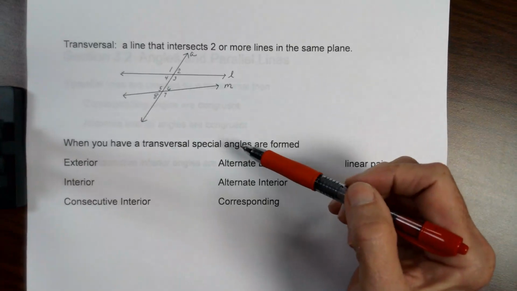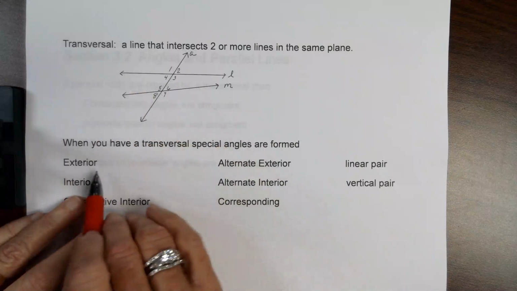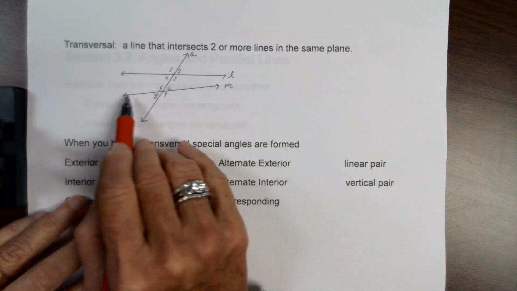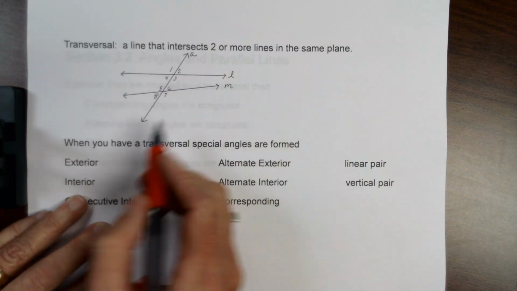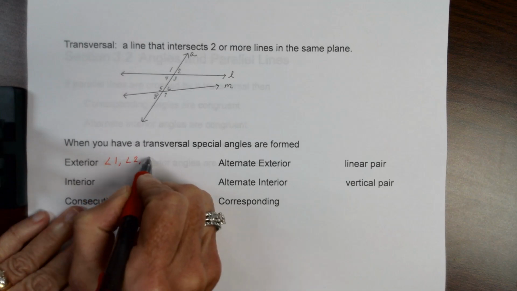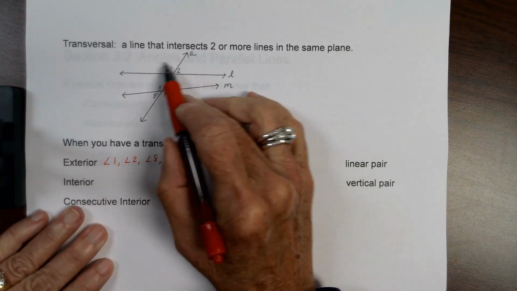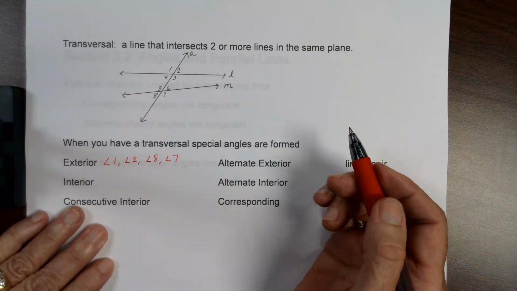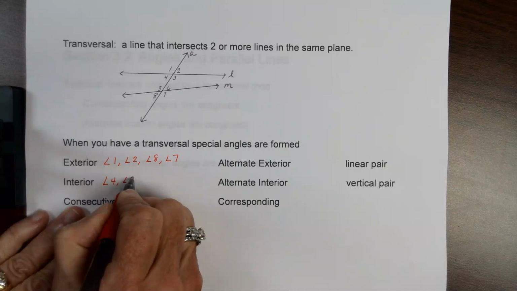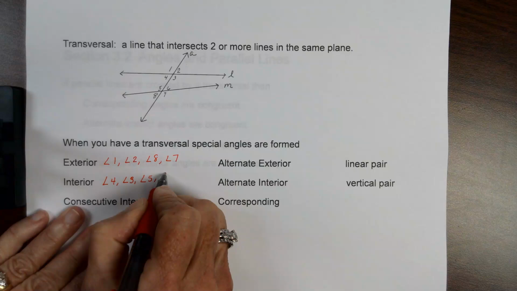When you have a transversal, special angles are formed. So you have exterior angles, which would be angles on the outside of the two lines that are crossed over. So angle 1, angle 2, angle 8, and angle 7 would be exterior in this illustration. Interior would be 4, 3, 5, and angle 6.